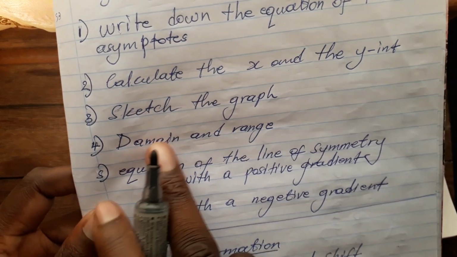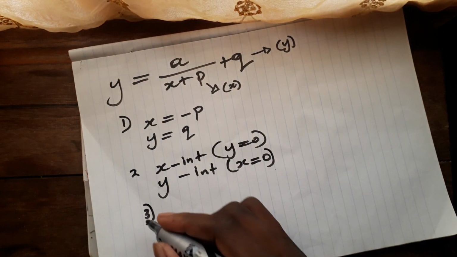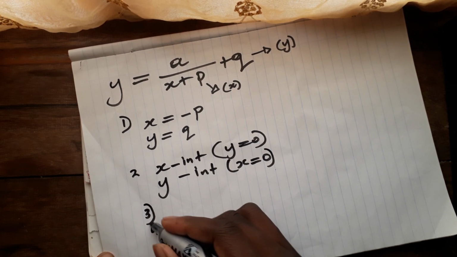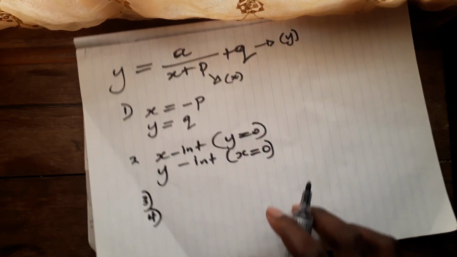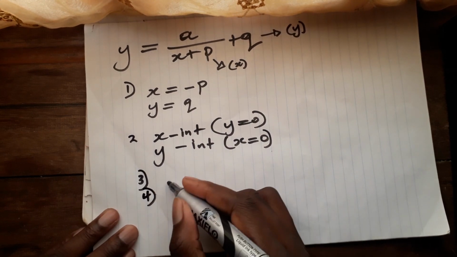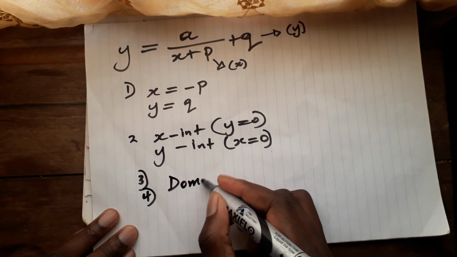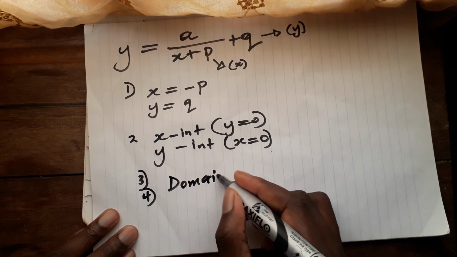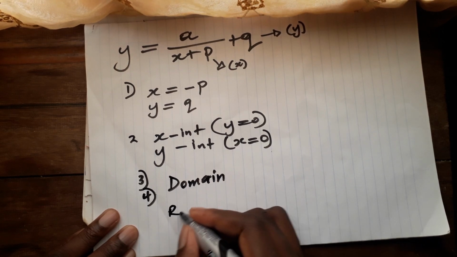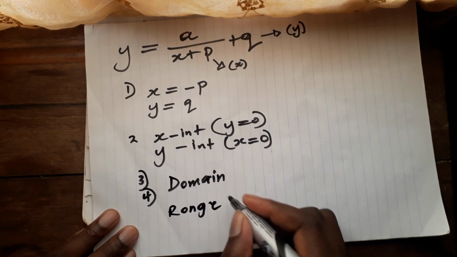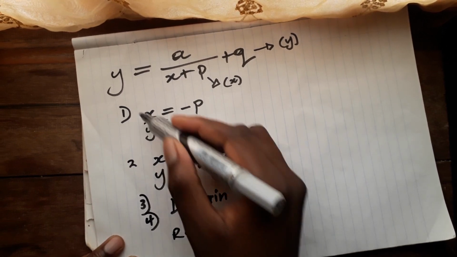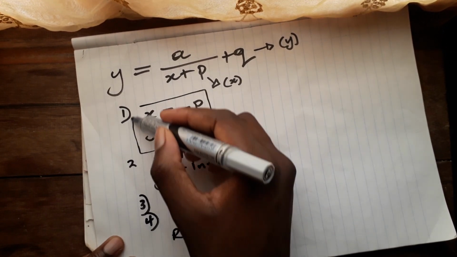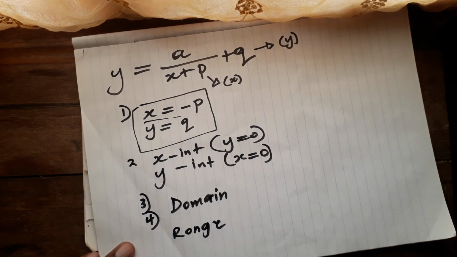And then the fourth question, you are supposed to write the domain and the range of this function. How do we write the domain? Domain and range. On this one, when you write a domain, you use the equations of the asymptotes.